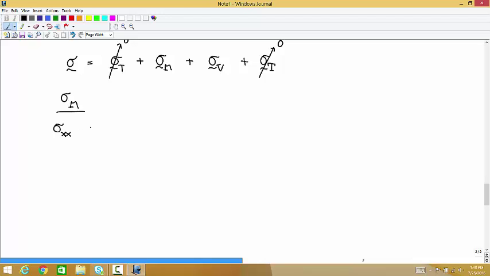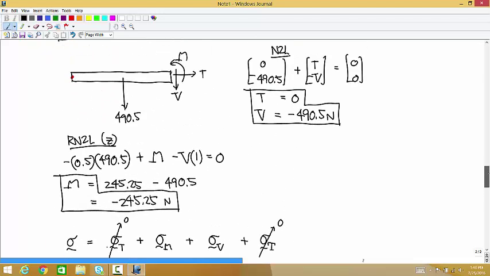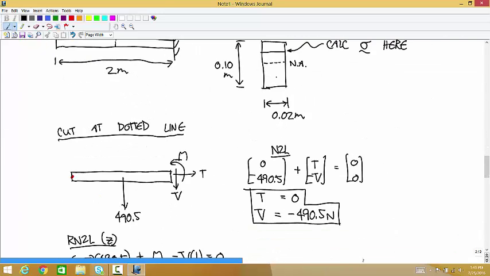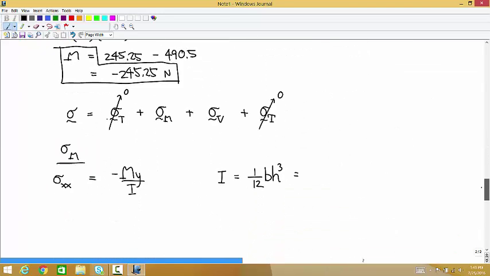For the stress due to the bending moment, the XX stress is equal to negative My over I. So we have to calculate that I value. I is equal to 1/12 times the base times the height cubed. The base was 0.02, the height is 0.1.